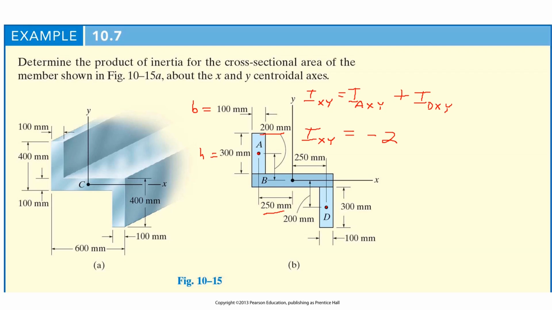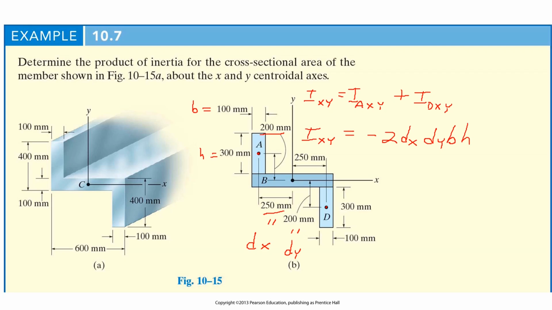There's 2 of them. They're both going to be negative. Dx, dy. This is dy, 250 millimeters. Or excuse me, this is dx. 200 millimeters is going to be dy. And the area, which is BH.